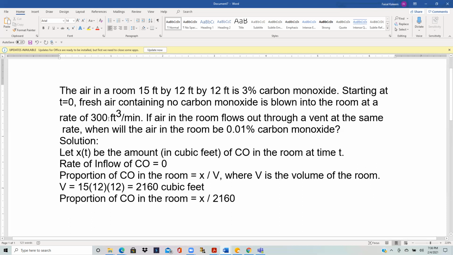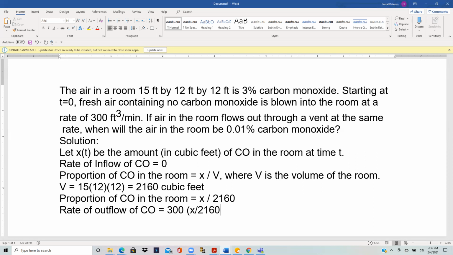And now the air that's going out is 300 cubic feet per minute. So the carbon monoxide in this 300 cubic feet will be 300 times the proportion of carbon monoxide. Therefore, the rate of outflow of carbon monoxide will be 300, for the whole air, times x over 2160, the proportion of carbon monoxide in that air at time t.